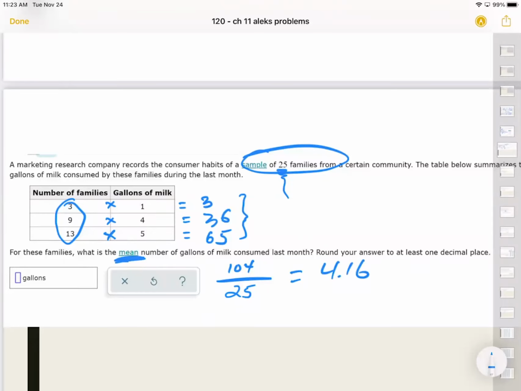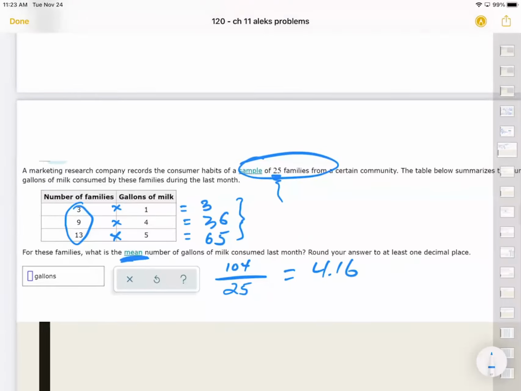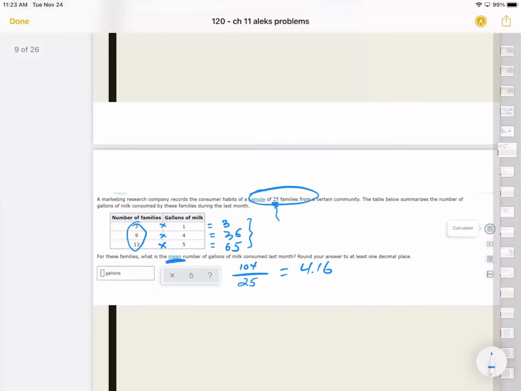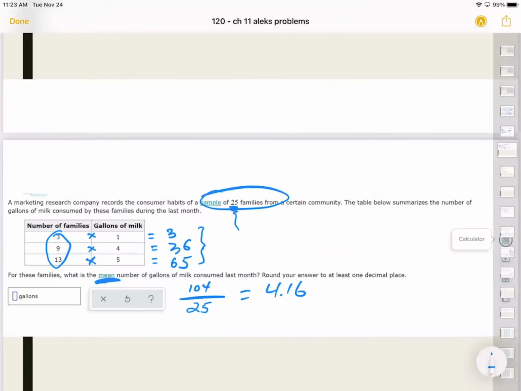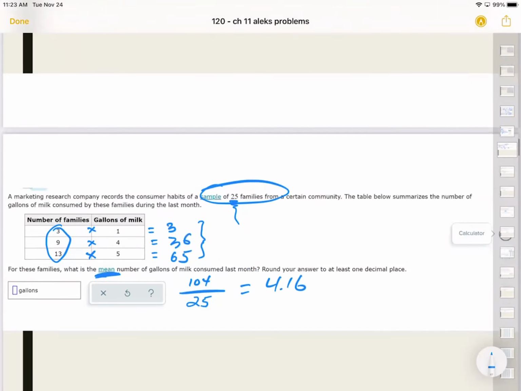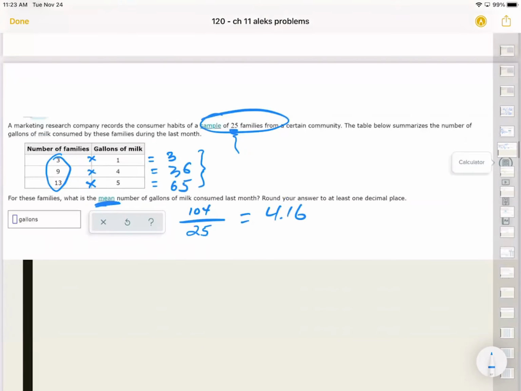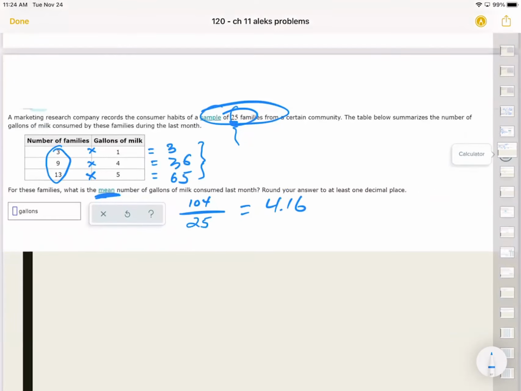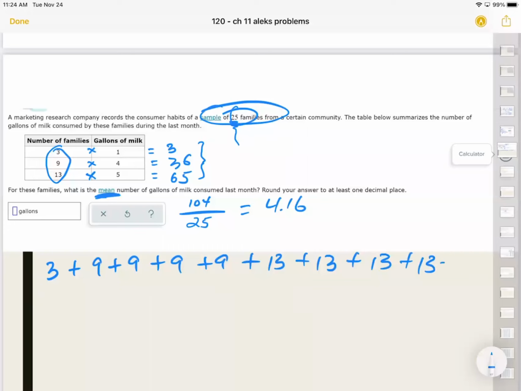So again, the difference between these two problems is that they give you the group of data and not the individual data, right? For this one here, because it's only 25, if you want to, yes, you can do this item. You just say 3 plus 9 plus 9 plus 9 plus 9 plus 13 plus 13 plus 13 plus 13 plus 13, right?